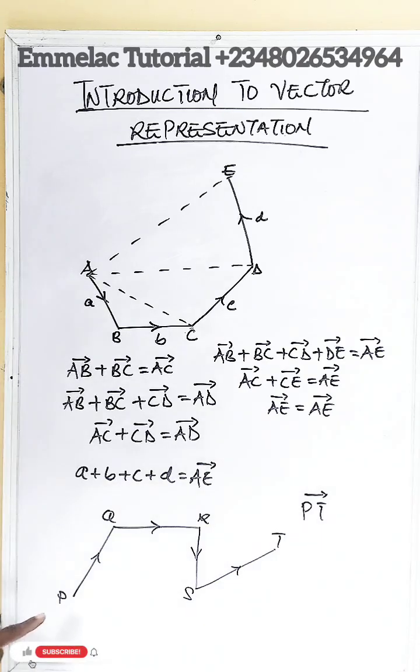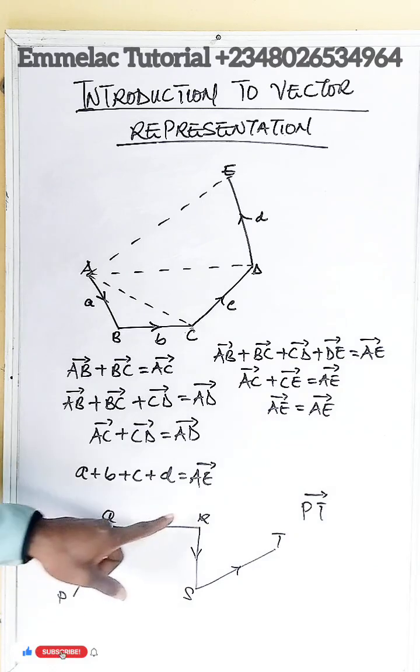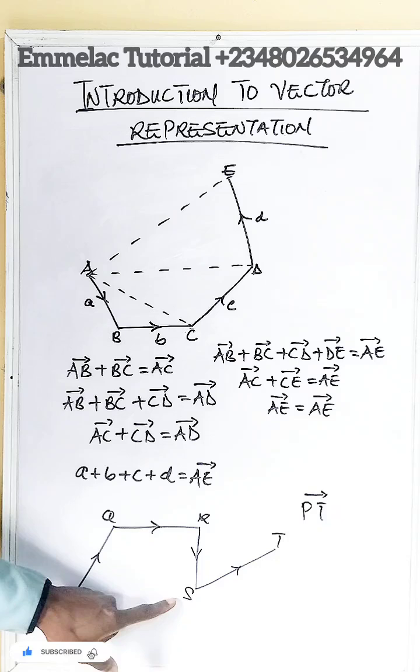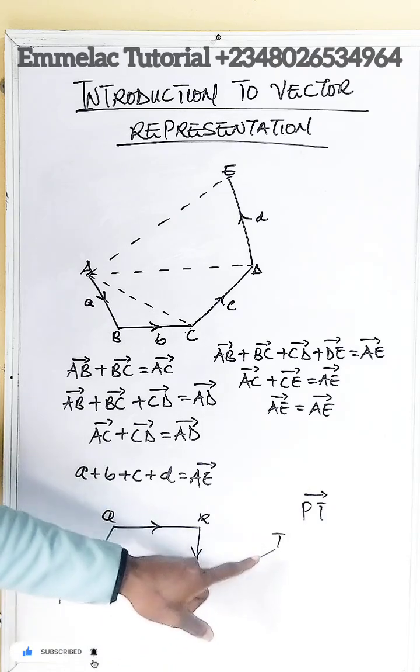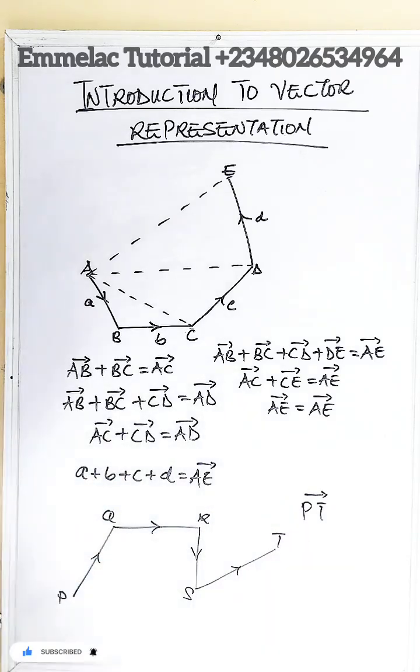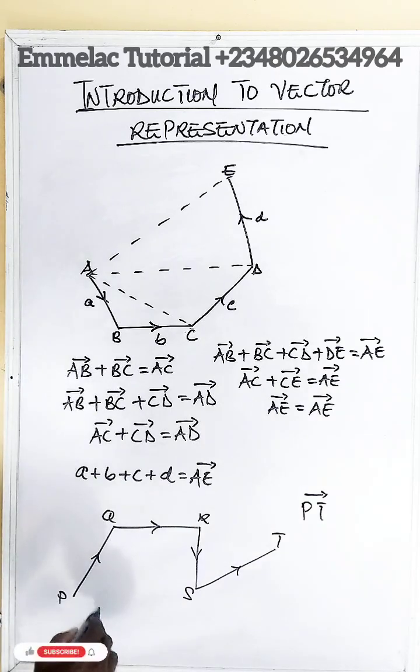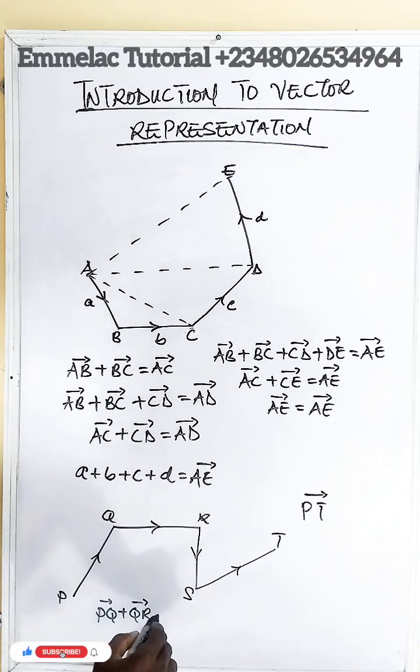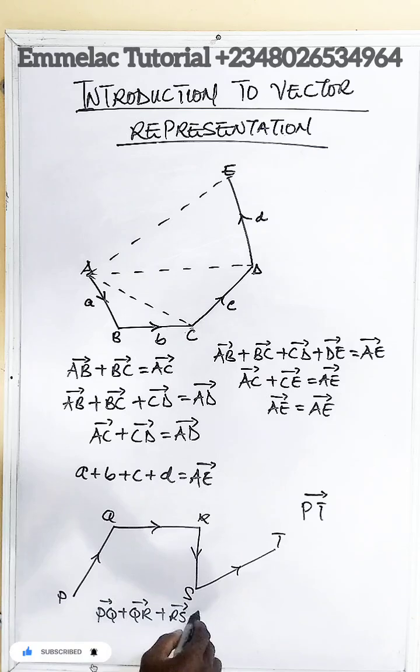So from P to Q, Q to R, R to S, and S to T will actually give you what? PT. And that should be PQ plus QR plus RS plus ST.